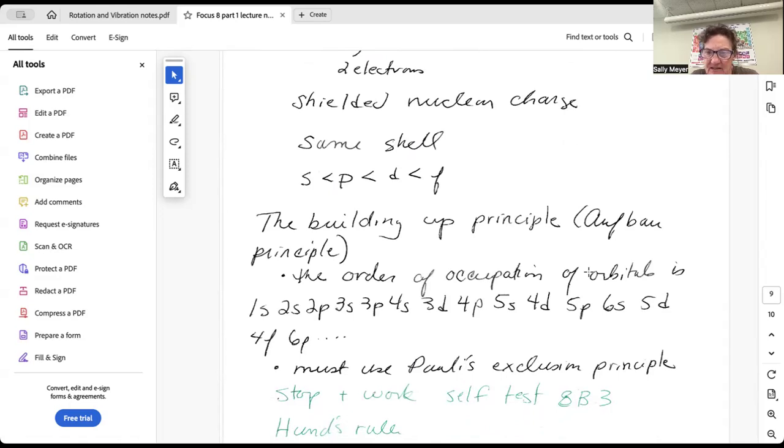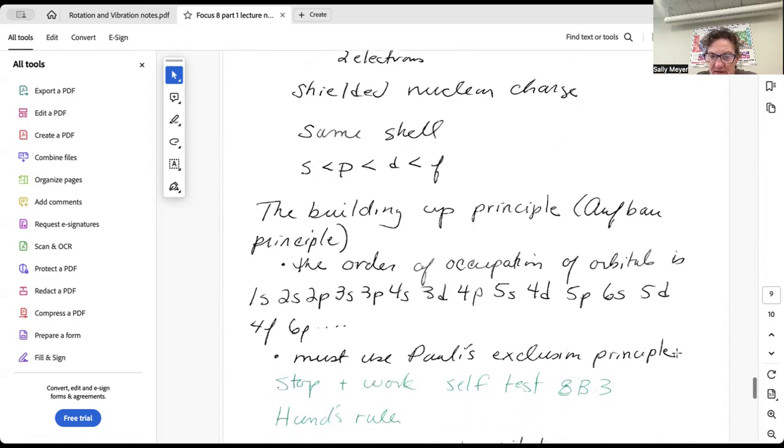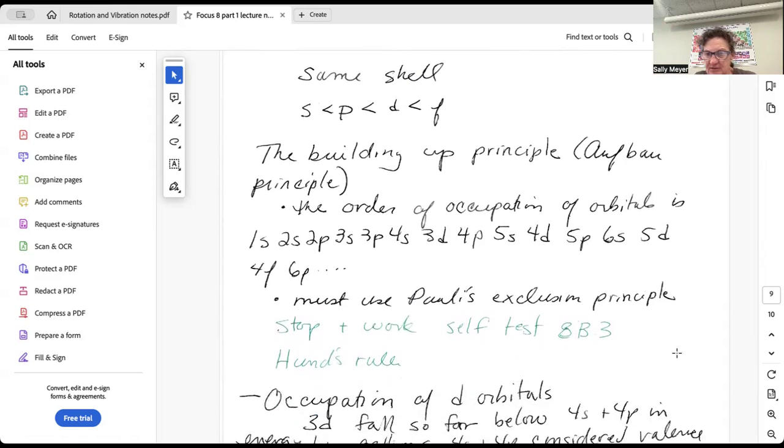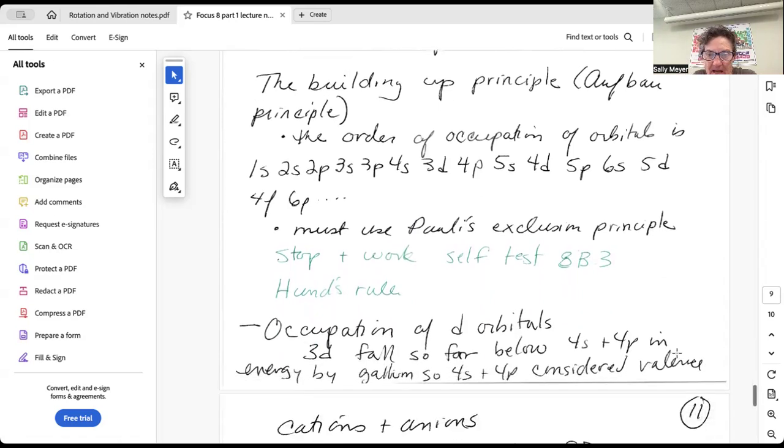It's really kind of silly to even look at that because you can just look at your periodic table and go across and decide how they fill. And then we must use Pauli's exclusion principle to make sure that each of those only has 2 electrons. So stop and work self-test 8B.3.